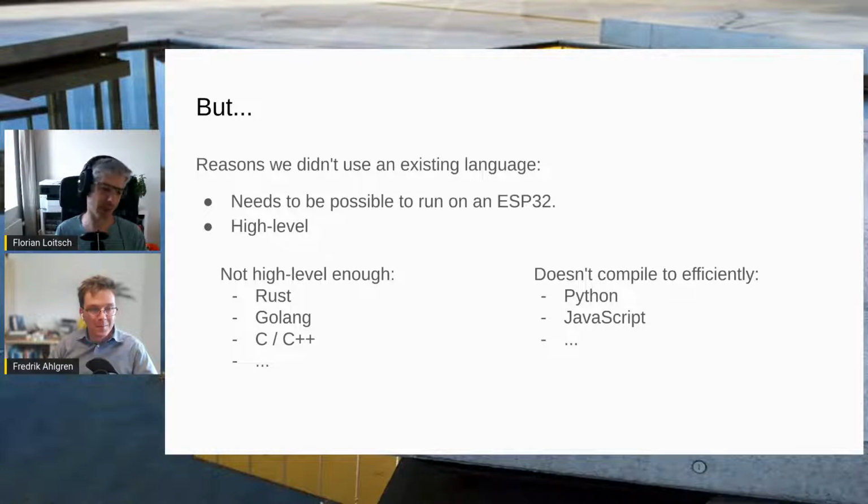And then there are some languages we just felt are not high level enough. I mean, high level is a very vague term, but to me, writing in Go, which is something I did for a while, doesn't feel high level. It's basically on the C level. Yes, it has garbage collection, and it has a few things that C doesn't have.